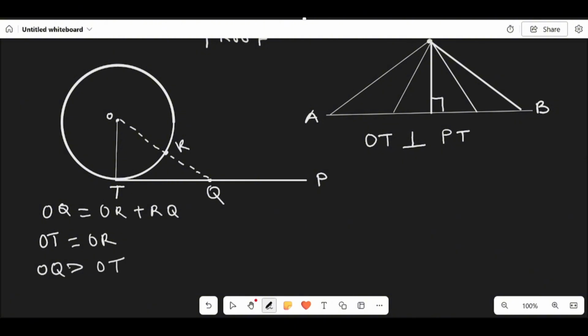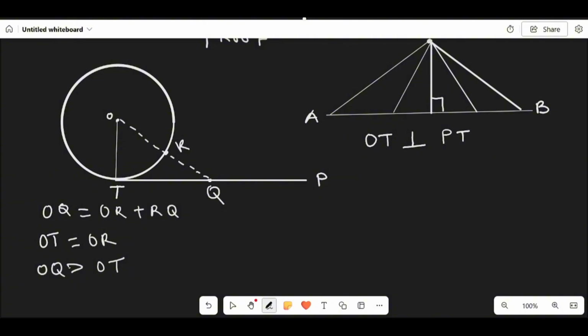Now also, if we pick another point from our tangent PQ and connect it, you will see that the line will also be longer than our line OT. So what I'm saying here is that the shortest line that connects our tangent is line OT, and the shortest distance from a point to a line is always perpendicular.